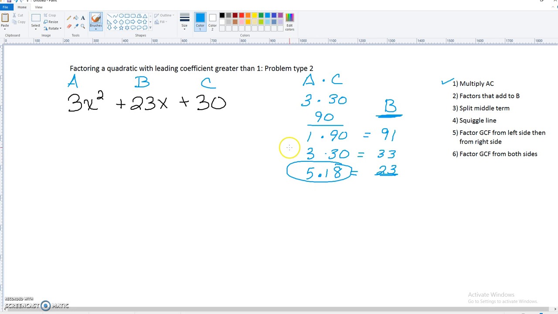Okay. Now this is where it becomes a little bit different than factoring with a leading coefficient of 1. Now that we've found these factors, we're actually going to be taking B and we're going to split it. Okay, so I'm going to put my 5x here.